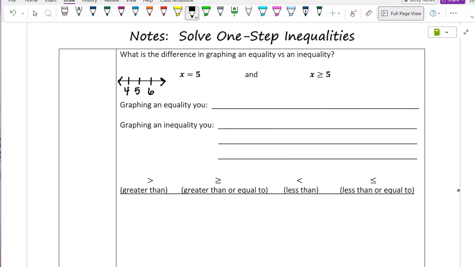And when we graph an equation, we draw a point on the solution. So I'm going to add those words here. You draw a point on the solution.